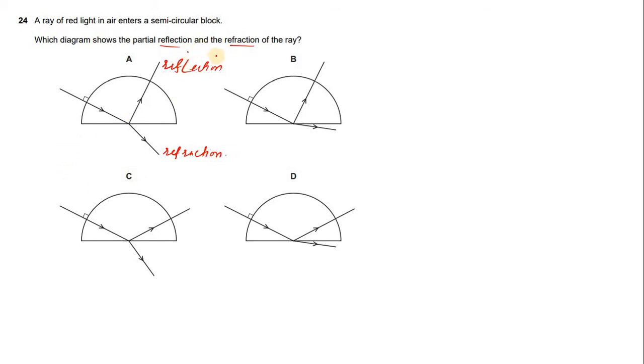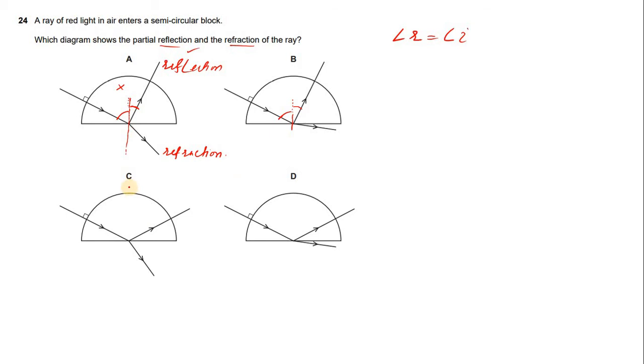In reflection, the important thing is that the angle of reflection must be equal to the angle of incidence. If you visualize your normal in diagram A, this will be your normal line. Clearly, the incidence angle is greater than the reflected angle, so this is a wrong reflection diagram. Similarly, option B is wrong because the incident and reflected angles are not the same.